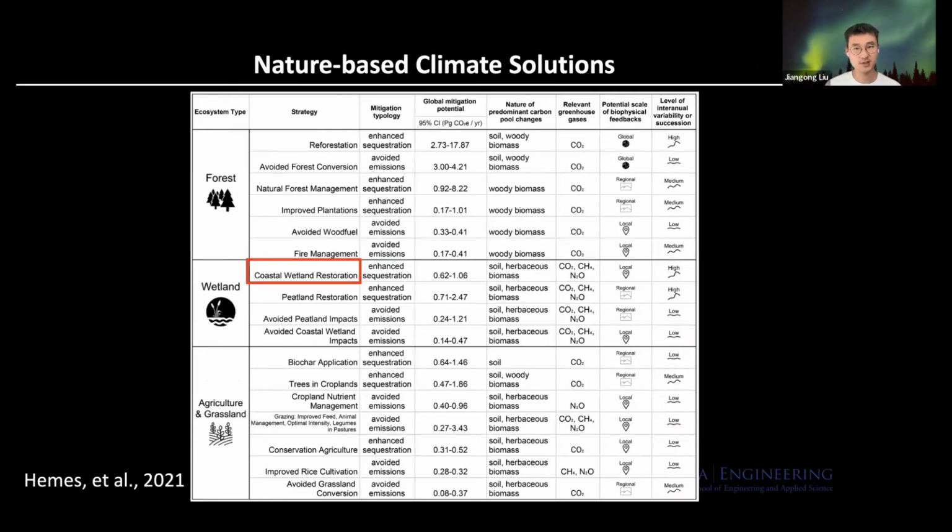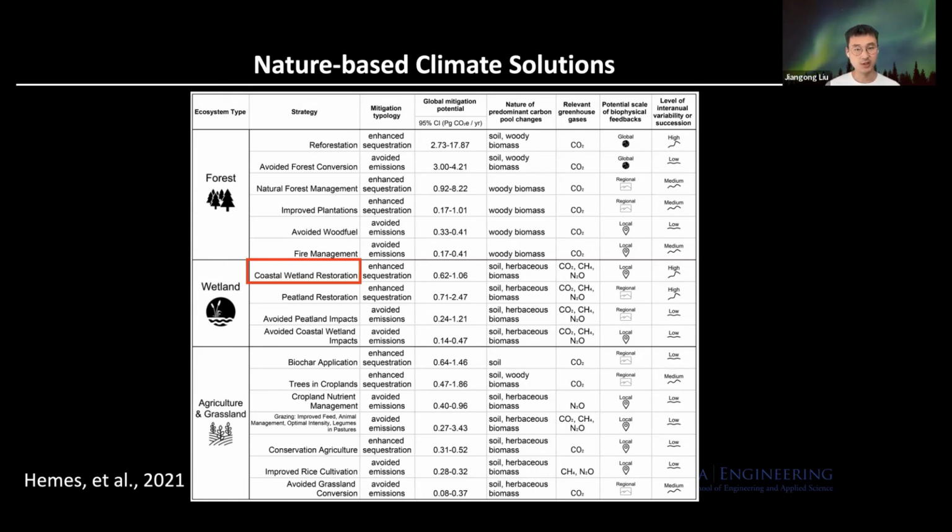So nature-based climate solutions are quite hot topics recently. It's mainly because we know if we want to mitigate climate change, we need to reduce fossil fuel burning immediately.